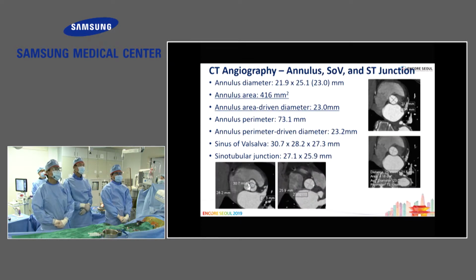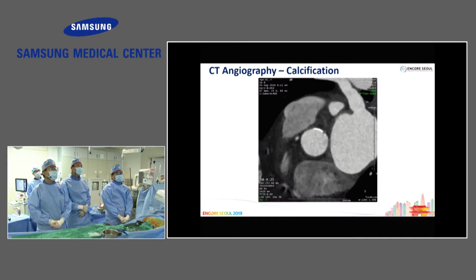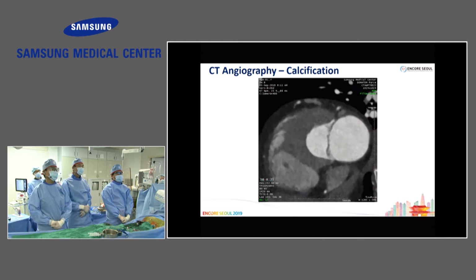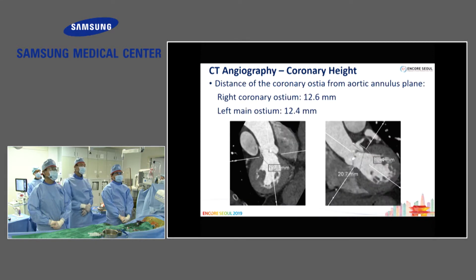Next page, please. Annular area by CT is 401, and the area-derived diameter is 23. Next page. The calcification is located on the tip of the NCC cusp. Next. The coronary height is 12, right and left main ostium.